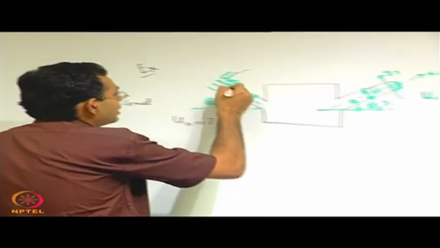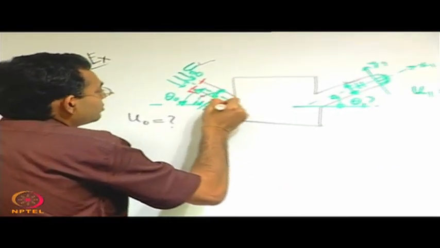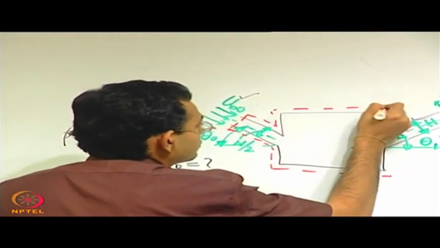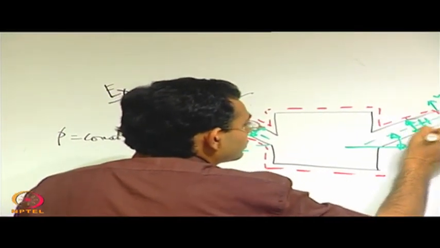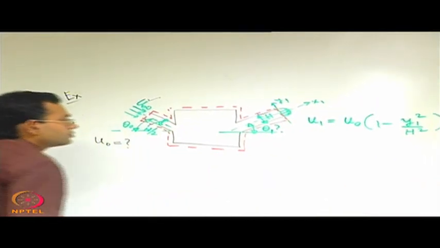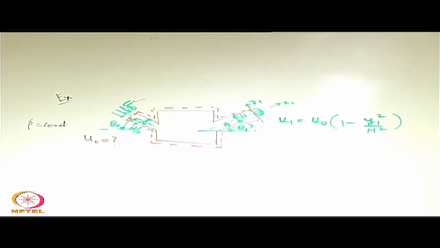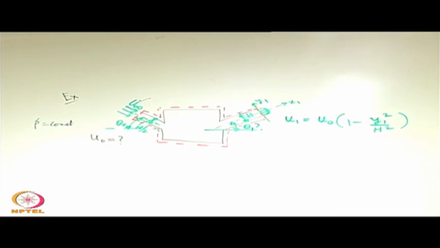So, let us say that we make a choice of the control volume something like this. With this choice of the control volume you can write the law of mass conservation.